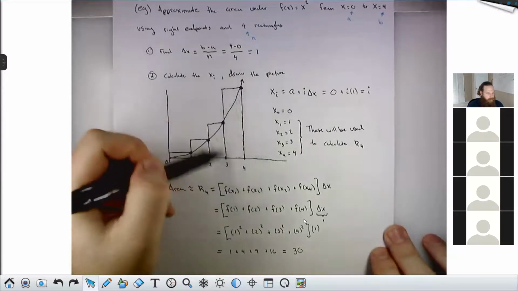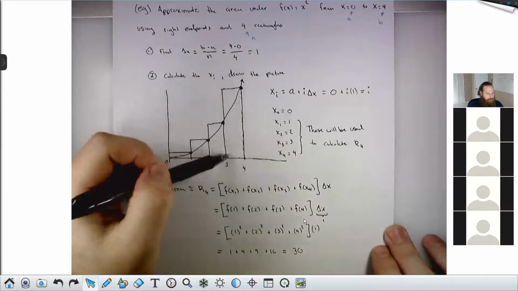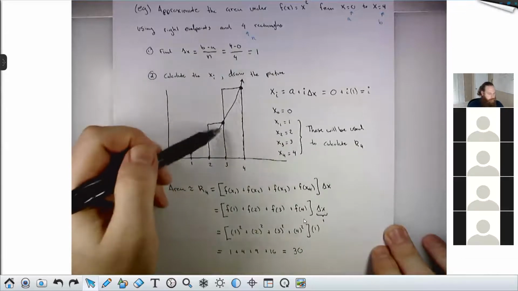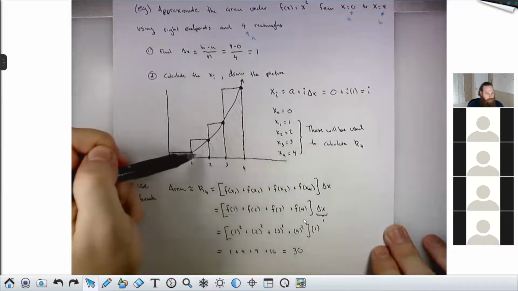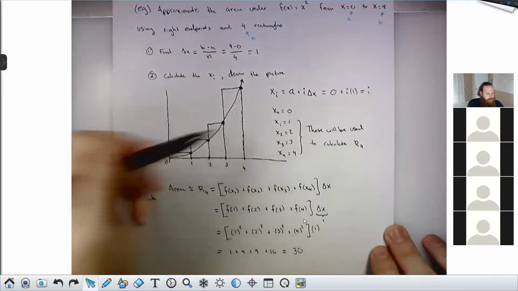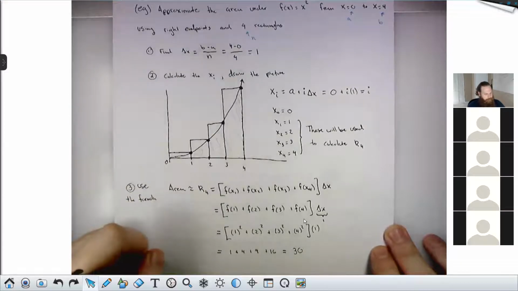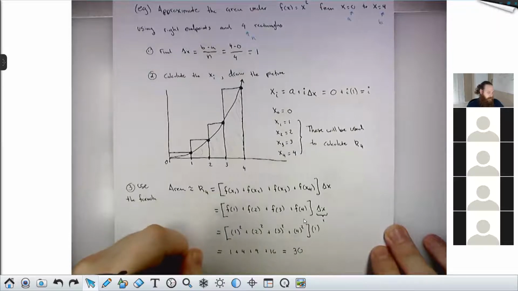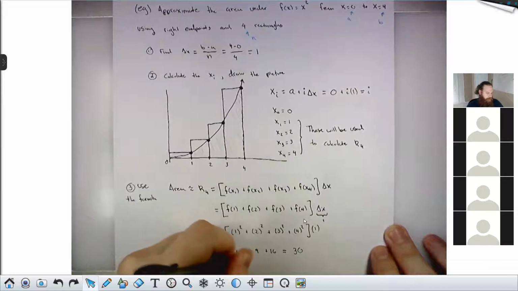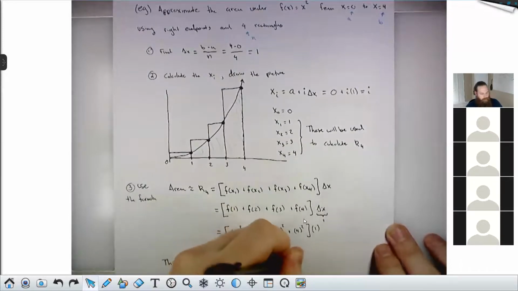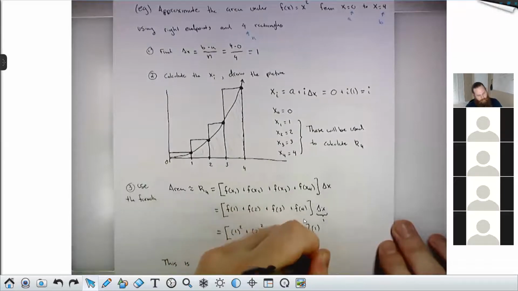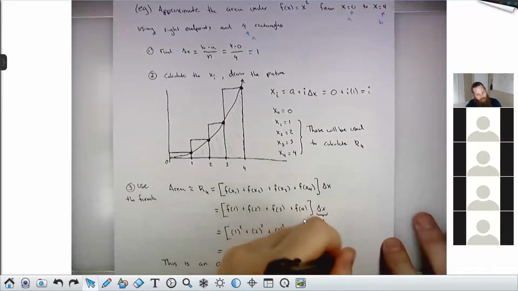The area of this rectangle is way bigger than the shaded area. Each one of these rectangles is overestimating. So this is an overestimate. The actual area is smaller.